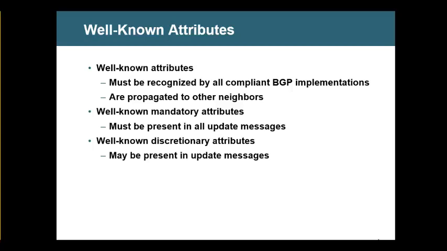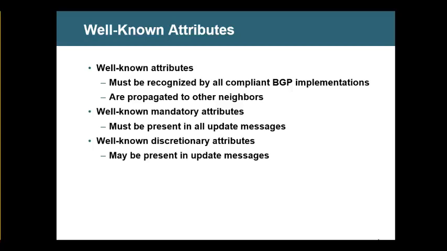So well-known attributes must be seen on every BGP implementation, and these attributes are always propagated to other neighbors. But in this there are two sub-classifications: well-known mandatory attribute and well-known discretionary attribute. A mandatory attribute must be present in every BGP update.